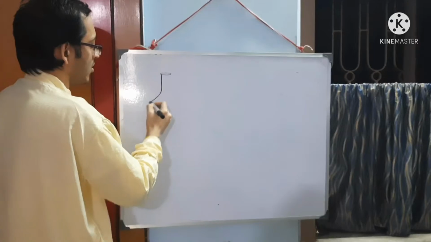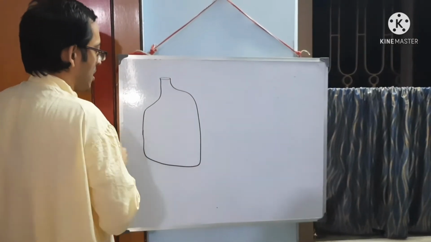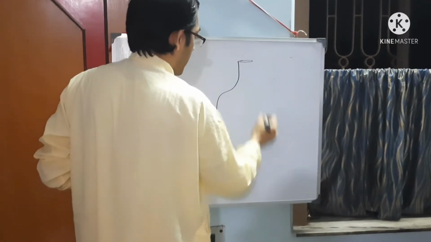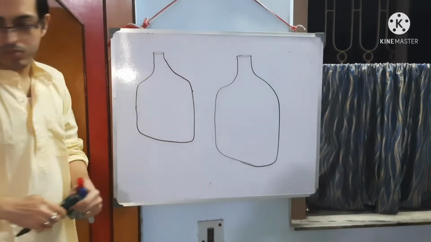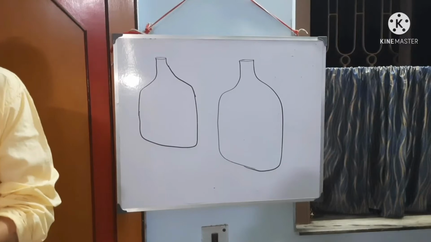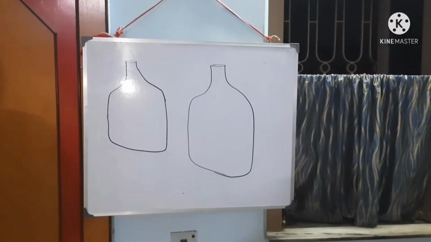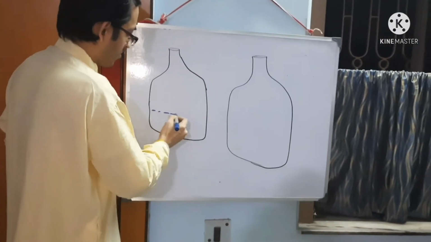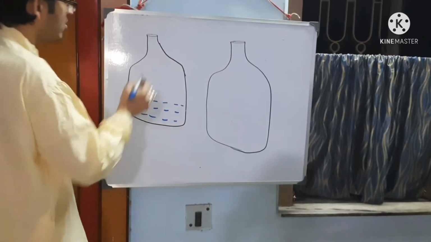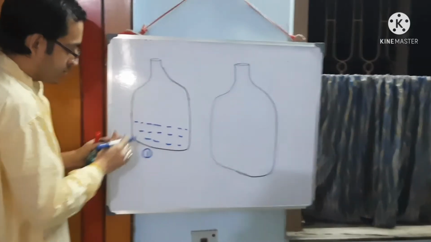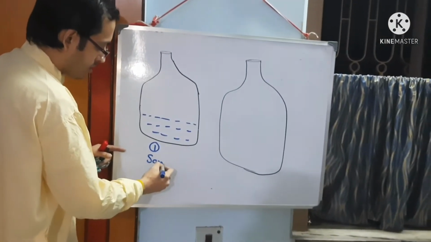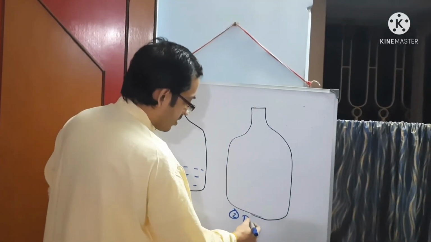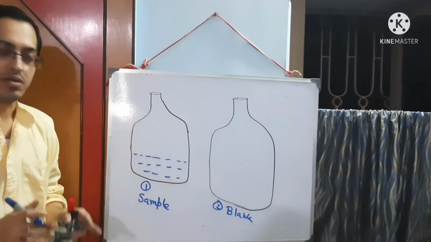Then take 2 conical flasks. This conical flask is for our sample water, and this one will be regarded as blank.